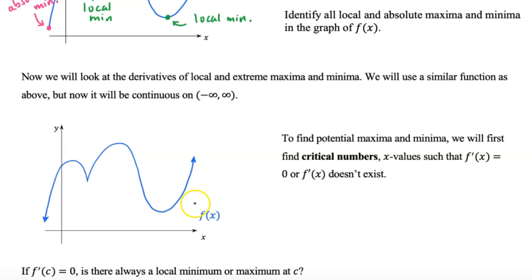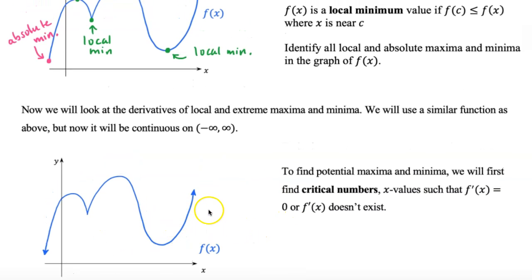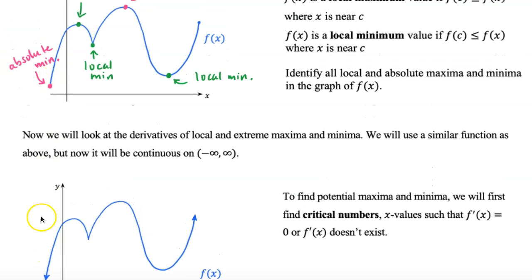So I'm not worried about the endpoints at all. I've got no endpoints. And so now what I'm going to do with this is I'm going to look at the derivatives of the local and extreme maxima and minima. So let's just put points where all of our local and extreme maxima and minima are. We're just going to exclude that endpoint because now we have no endpoints.